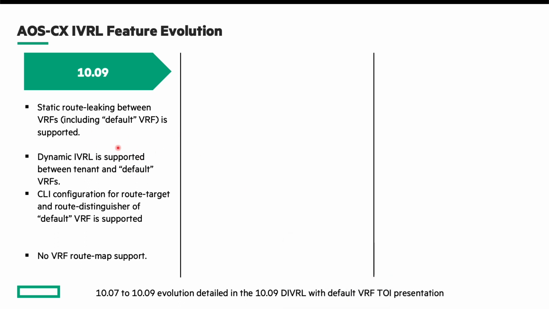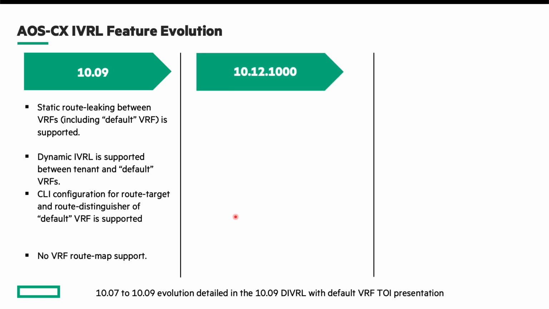A couple of features were added between 10.7 and 10.9: static route IVRL, dynamic IVRL, and the default VRF was considered like any other tenant VRF, where we can configure an RD for the default VRF.